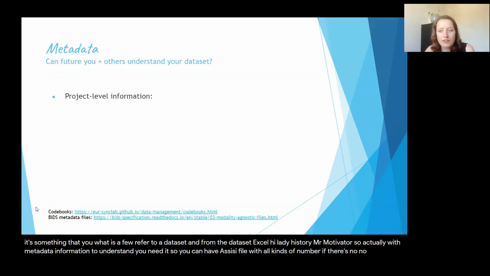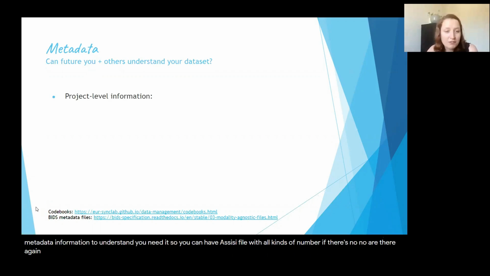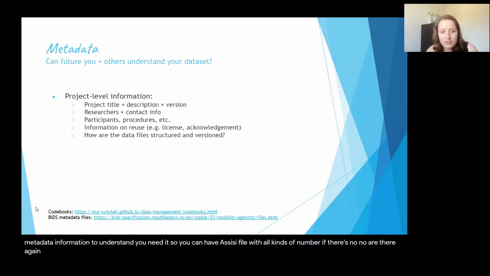There are many ways to categorize metadata, but for your understanding, you can have project level information, such as the title, description, version of the data set, the researchers that were involved, methods, information on reuse, such as licenses, and information on the data structuring and versioning, which is done very well in BIDS.